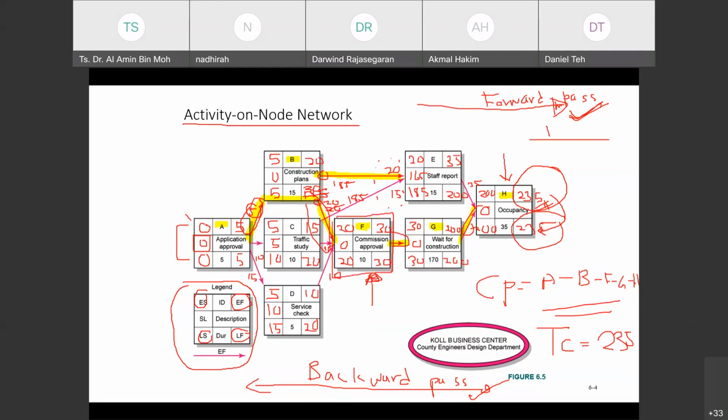It means that it cannot be delayed. So by delaying 2 days, it will delay the whole completion date. As an example, delaying 2 days for F is going to make the total completion time maybe 237.